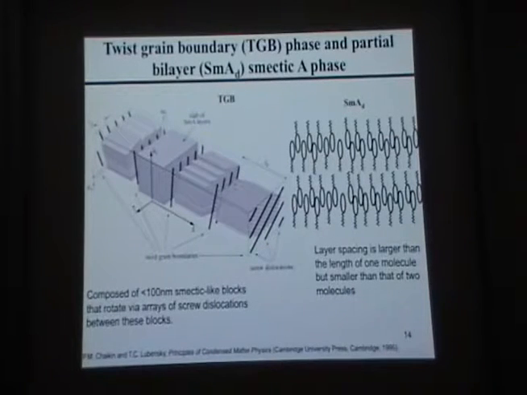Then there are a bunch of different phases that can combine the presence of defects in the ground state with all the features of ordering that we have discussed, right?